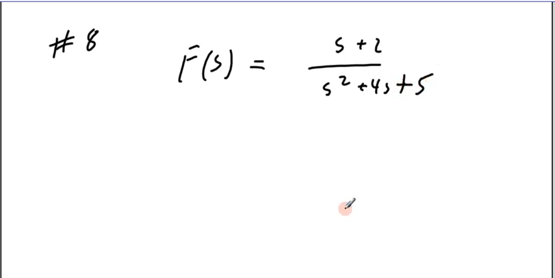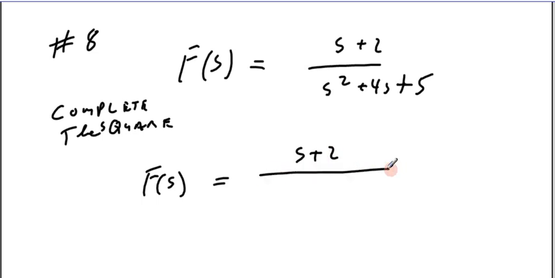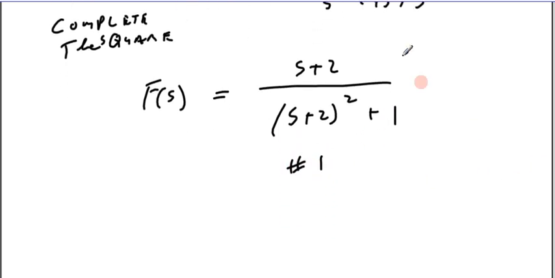We look at that a little bit and we say, well, if we complete the square on this guy, and I hope you guys remembered how to do that from high school, we're going to end up with f of s equal to s plus 2 divided by s plus 2 squared plus 1. And we look at number 11 in the Laplace transform table.